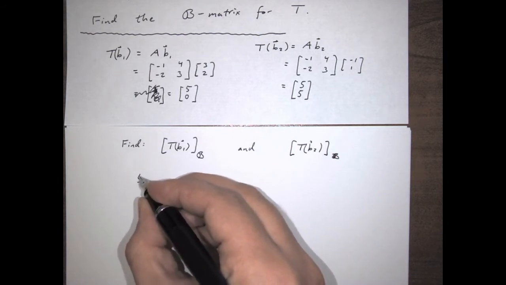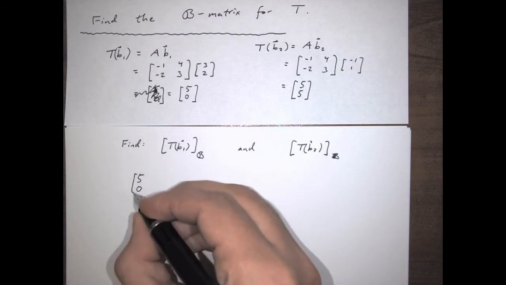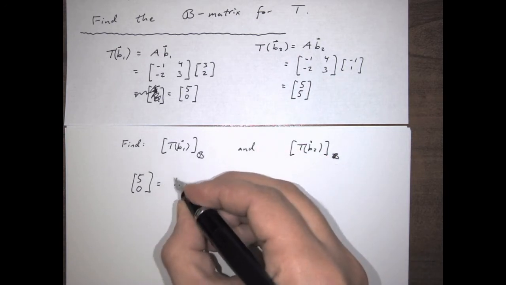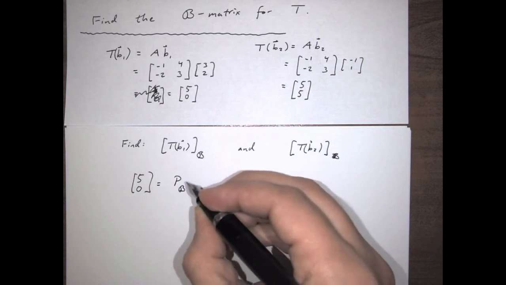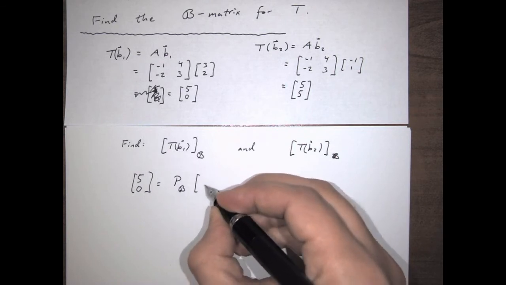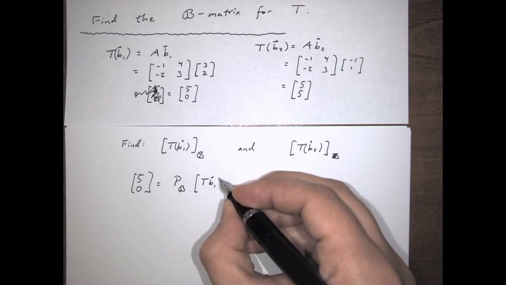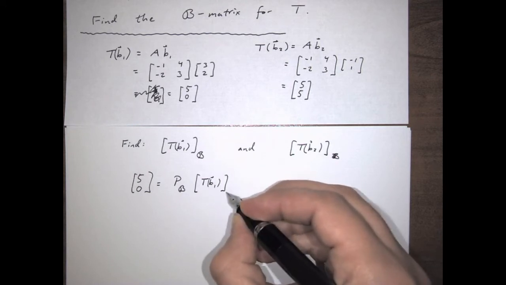That's 5, 0 is equal to PB times the mystery T B1 with respect to B.